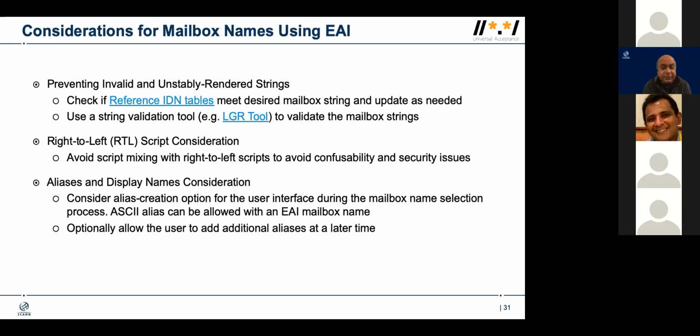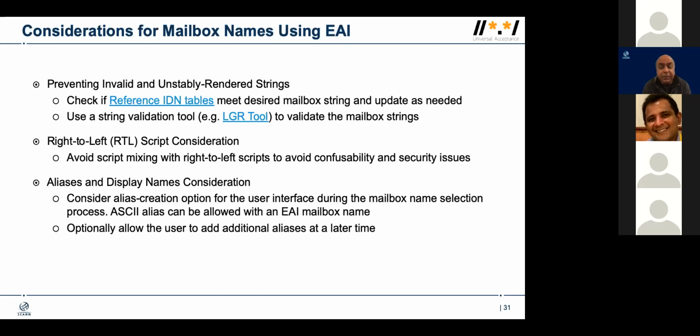You should also consider allowing aliases and display name considerations. In EAI, when we're using Unicode, there can be more than one way you can represent a particular email address, including the left-hand side and the right-hand side of the @ sign. For example, a domain name can be represented in U-label format versus A-label format.